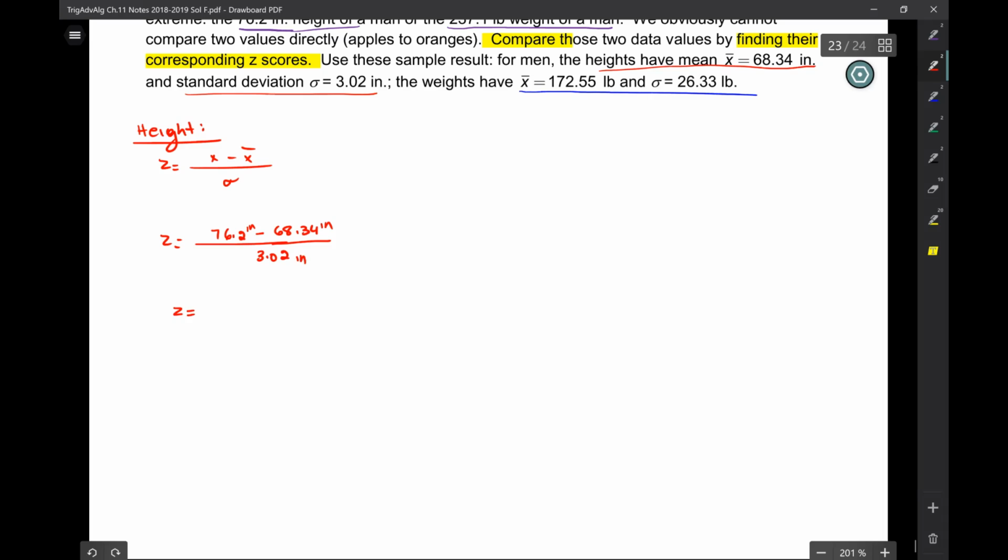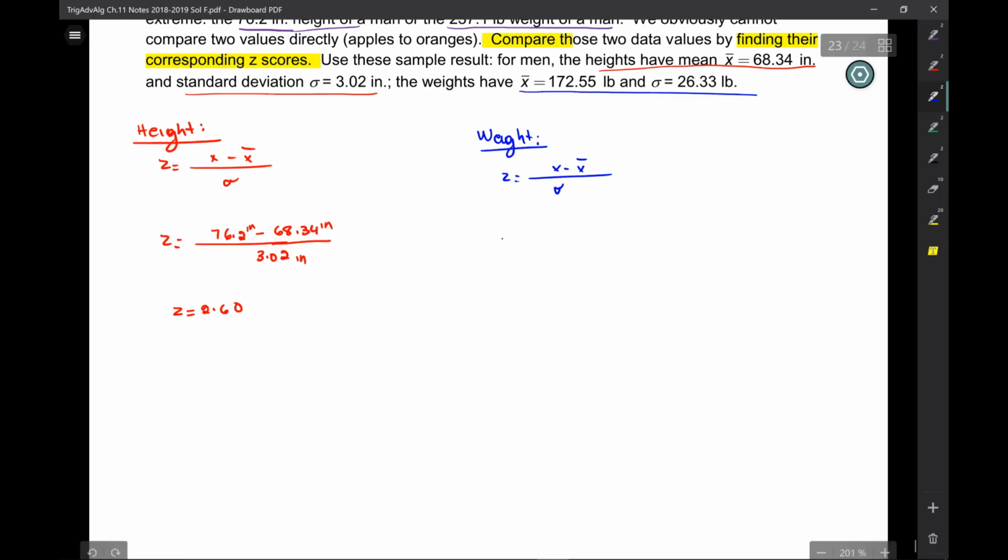So how much is the z-score here? 2.60, two decimal places. So that's 2 standard deviations away, right? And is he taller than most people or shorter than most people? Taller, because it's a positive z-score.